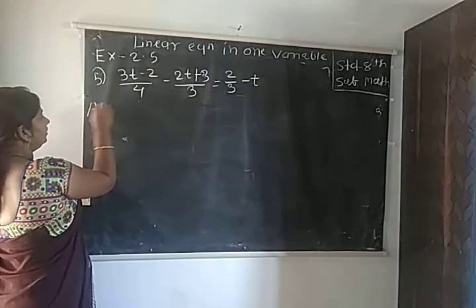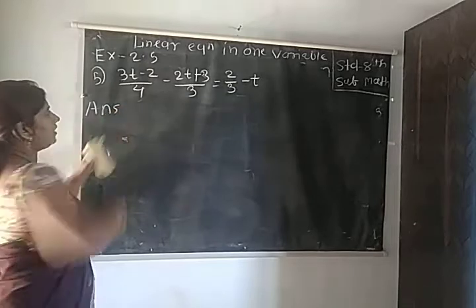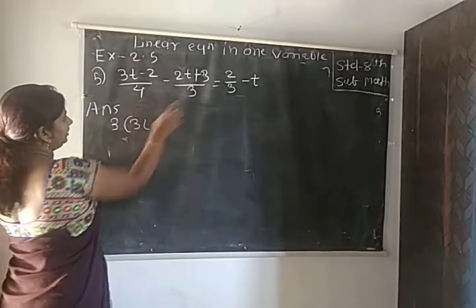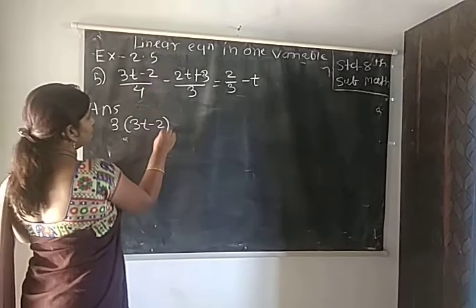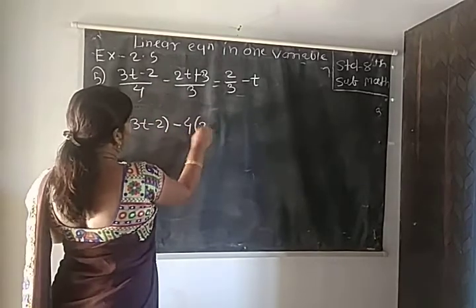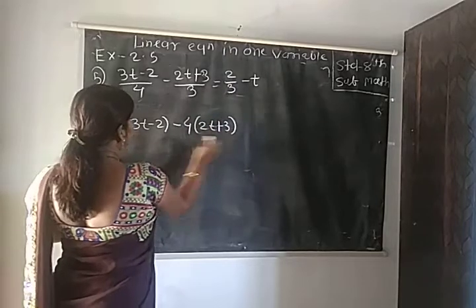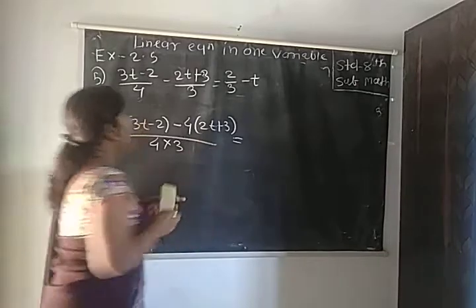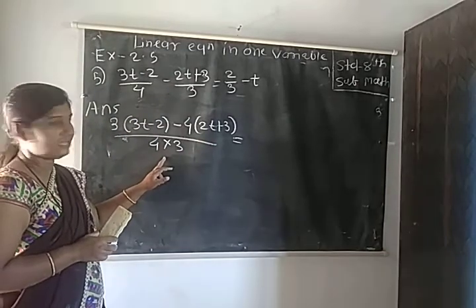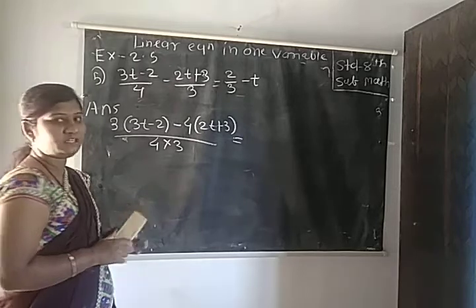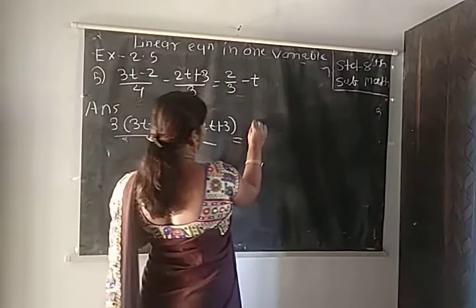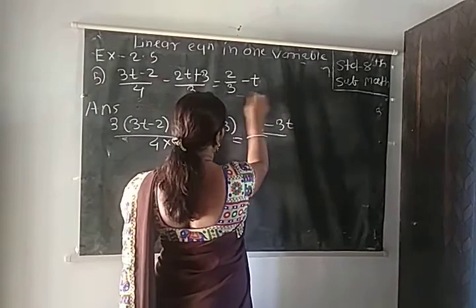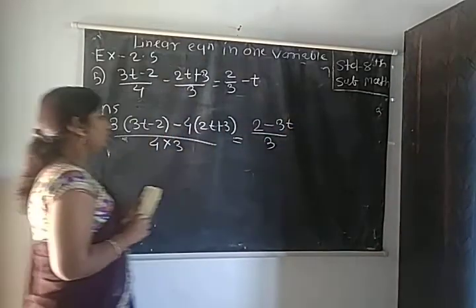Okay, now write the cross multiplication. Then 3 in bracket (3t minus 2) minus 4 in bracket (2t plus 3), divided by 4 multiply 3, is equal to... Here there is a minus sign, so we write the multiplication of the denominators. If there is an equal sign, we cannot write the multiplication of the denominators. Here also do cross multiplication: 2 minus 3t upon denominator multiplication 3.